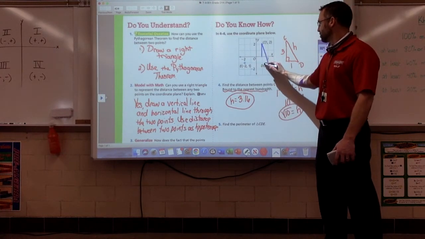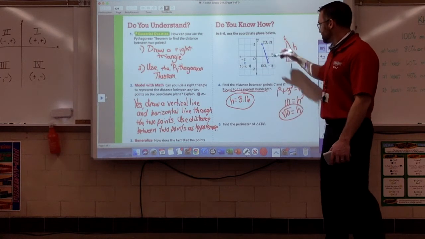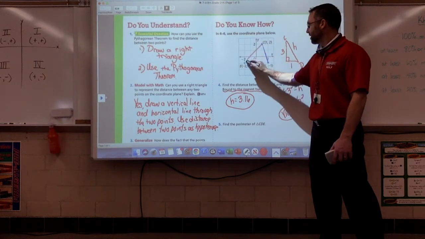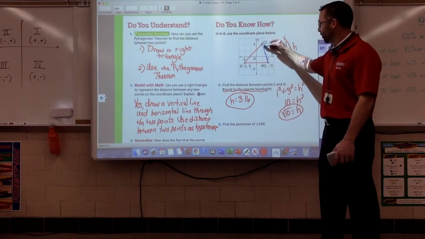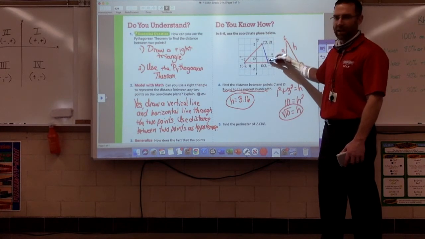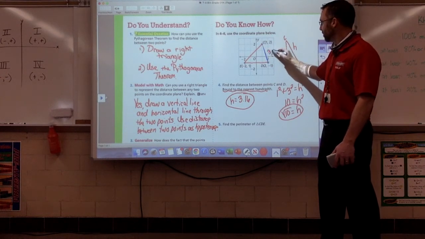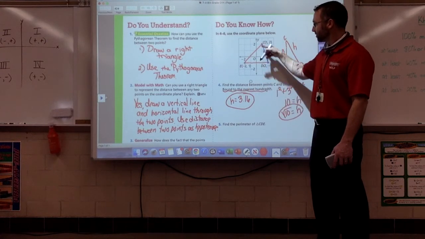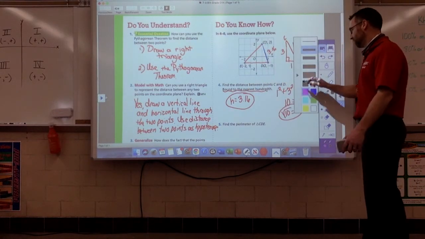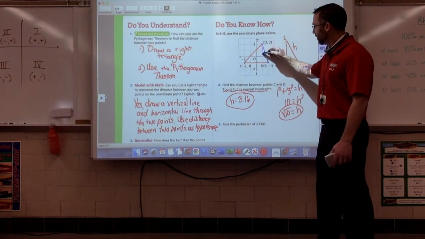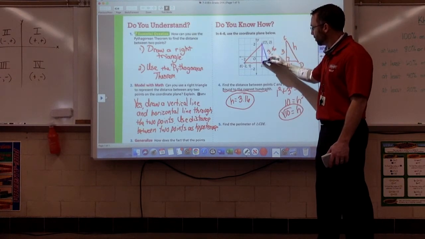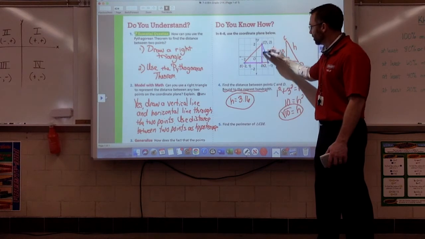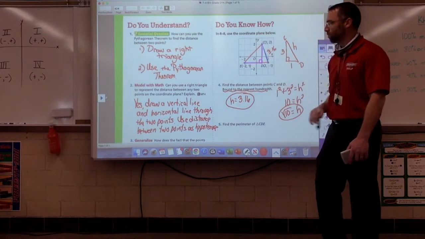So I'm going to erase part of this. CDE. So we've got this triangle. Now remember, we just found this side. This side right here is 3.16. We need to find the length of this side. Well, let's use the Pythagorean theorem. If I draw a vertical line through one point and over, look what I created. I hope you can see the purple.